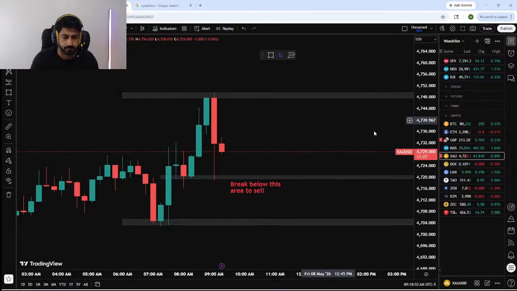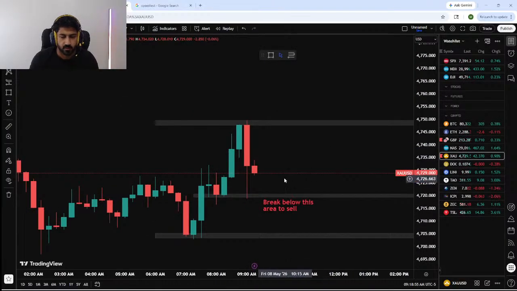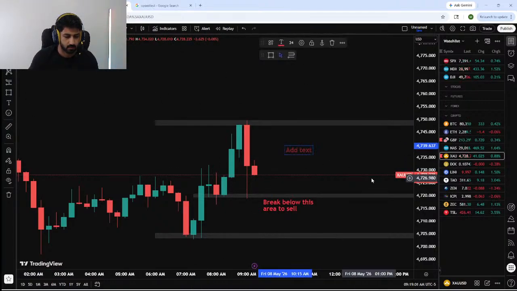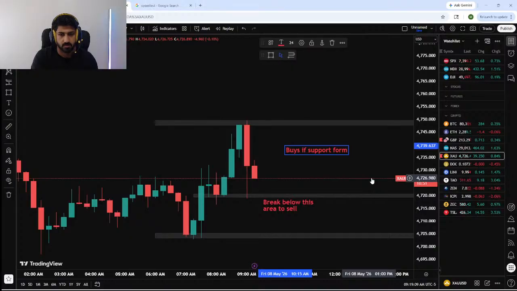And then for any buys, buys if support forms to retest the high.